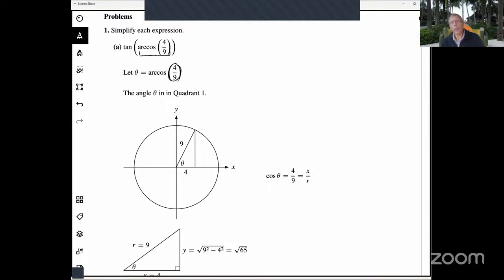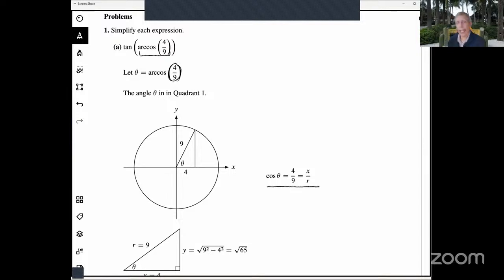Now, there are two ways that I think of for solving this problem, and Vicky has reminded me that in AP Pre-Calculus, the main way that we're asking teachers and students to solve this is to think about a circle, think about quadrant 1, and draw this triangle. We know that we are in quadrant 1. We know that the cosine of theta is equal to 4/9.